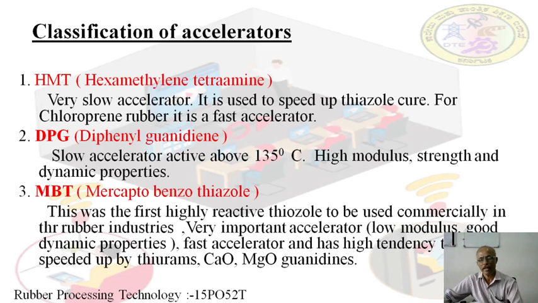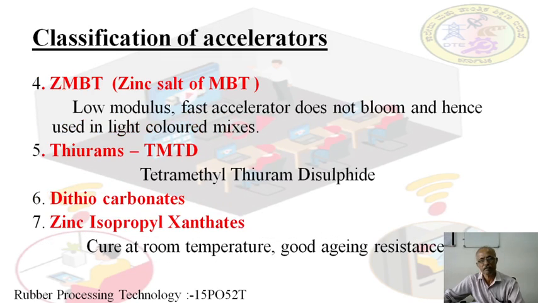Speeded up by thiols, CaO and MgO, guanidines. Next, ZMBT, that is the zinc salt of MBT. Low modulus, fast accelerator, does not bloom and hence is used in light colored mixes.